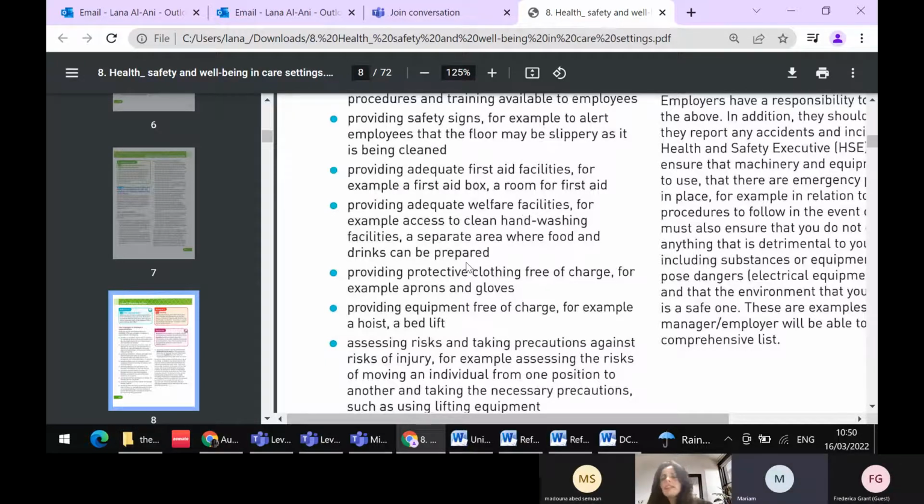Very good. Providing PPEs at all times so people can wear protective gloves, protective face mask. Very good. A protective apron. Also, they have safety signs like the yellow sign where it asks people to be careful if there is any spillages or any water on the floor. Yes.